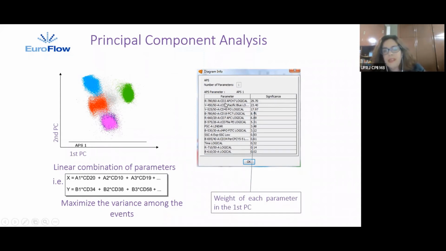For instance, here CD3 was multiplied by 29, cytoplasmic CD3 was multiplied by 23. So these weights are from this first principal component, but we can also have the parameters for the second or the third and so on.